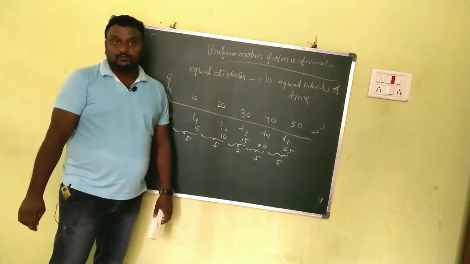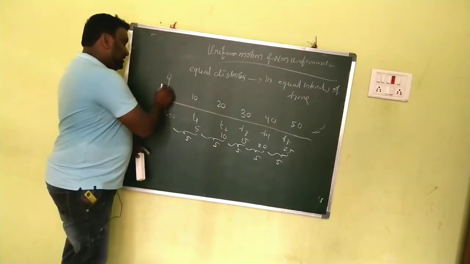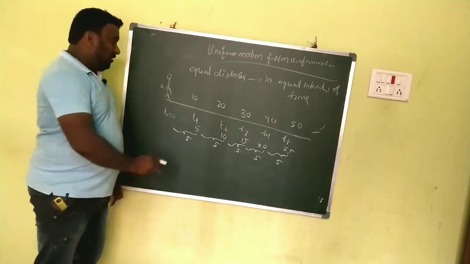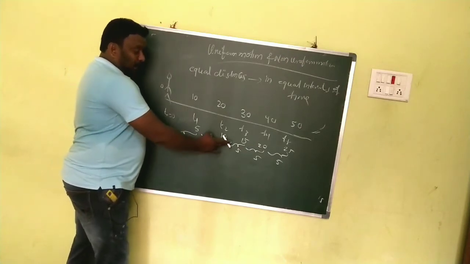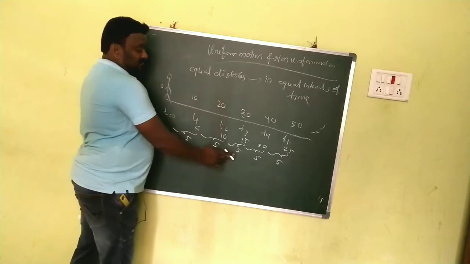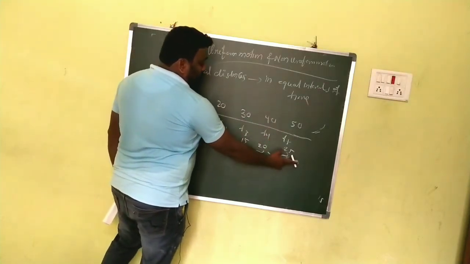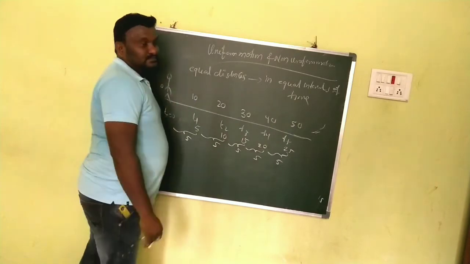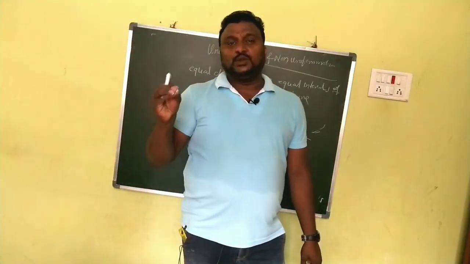Clear children? When time t is equal to 0, distance is 0. After 5 seconds it is 10 meters. After 10 seconds, 20 meters. And 15, 30; 20, 40; 25, 50, like that. We are taking one example: a boy is ready to walk.